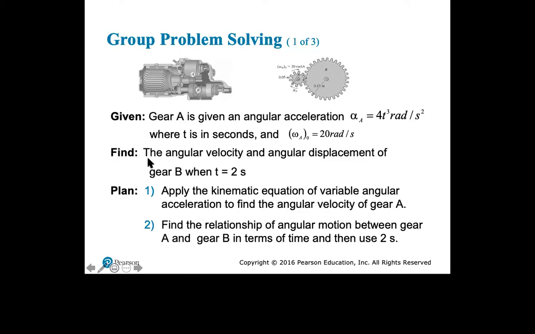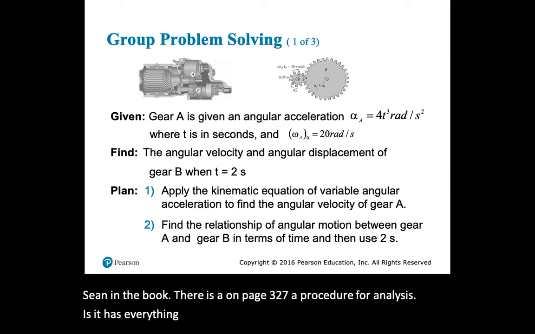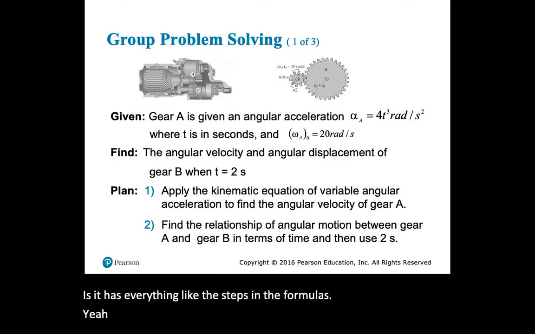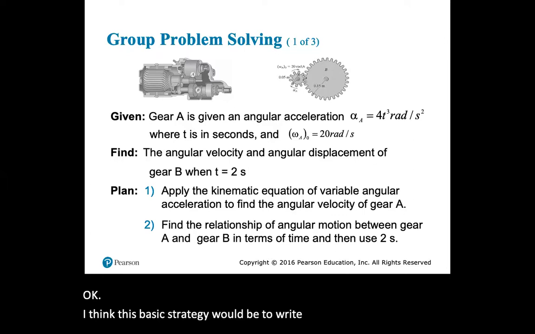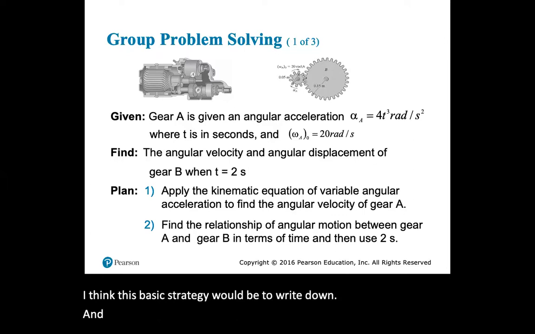Sean, in the book, on page 327 there's a procedure for analysis for anyone who wants to use it. It has all the steps and the formulas. I think the basic strategy would be to write down what happens when the gears mesh.